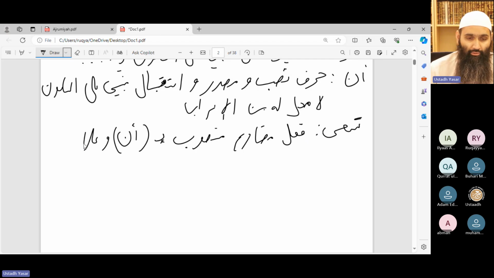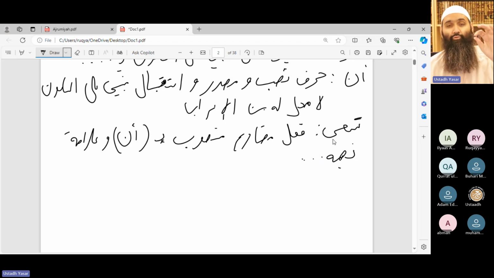And wa alamatu nasbihi, we've done it in the book. If you go back to the book, we just read it. Wa alamatu nasbihi al-fathatu al-muqaddaratu ala akhirihi man'a min dhuhuriya ta'adhur. And we've explained ta'adhur many times.